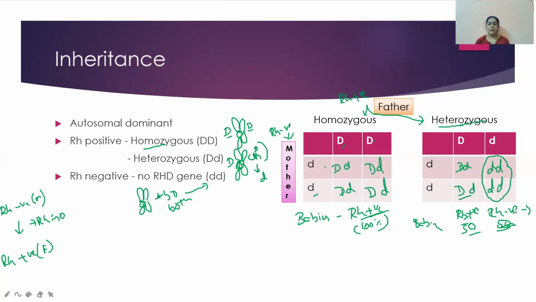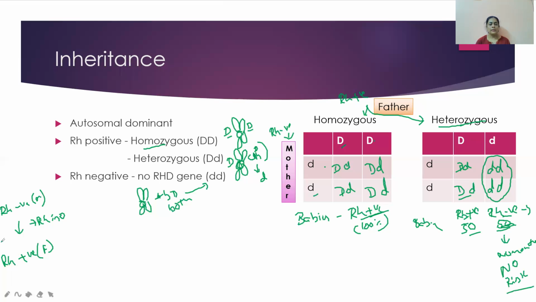If the mother is Rh negative and the baby is also Rh negative, there is no need for monitoring, or we can say there is no risk of isoimmunization in these cases. For the other 50%, the risk is definitely there.